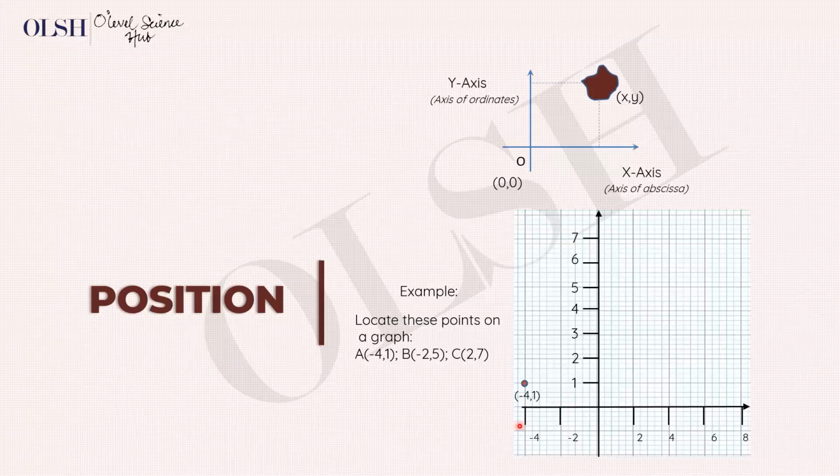So we have -4 on the x-axis here and 1 on the y-axis. So this is that point. Then we have (-2, 5), so -2 on the x-axis and 5 on the y-axis. We have (2, 7), 2 on the x-axis and 7 on the y-axis. So we have that. So that's how we can locate positions in space.